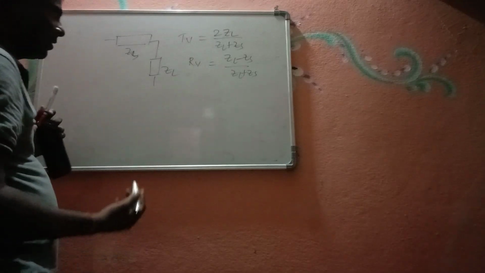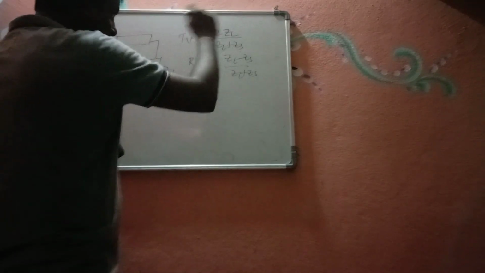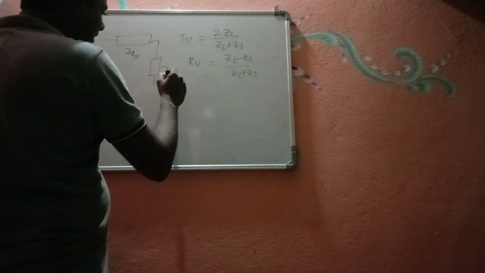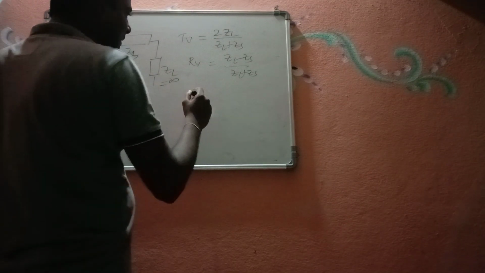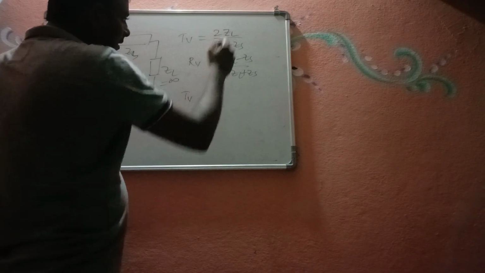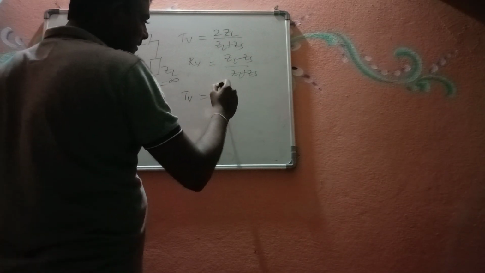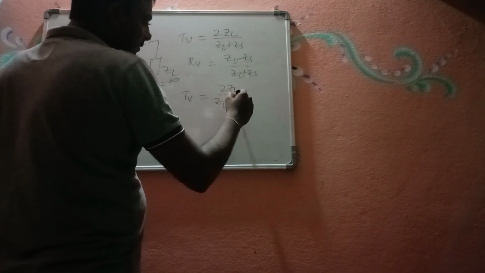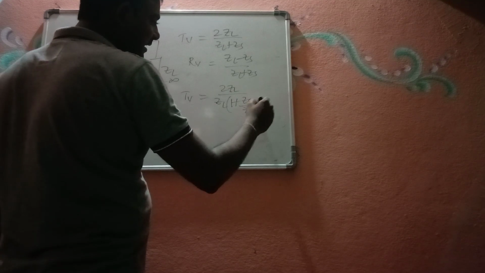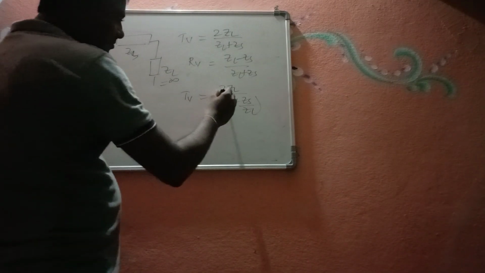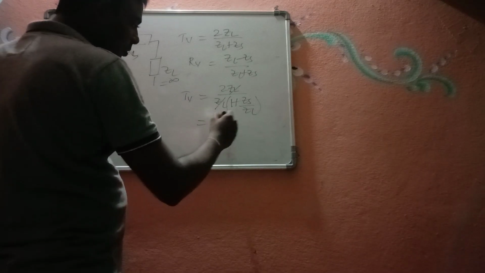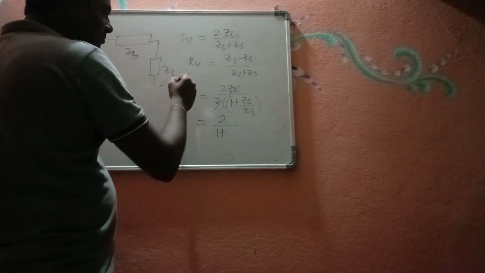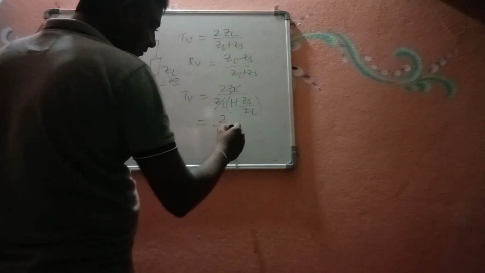If I want to apply this rule for the open circuit condition where this ZL is infinite, here from TV I can take ZL as common from the denominator. So if you take ZL as common, you will get ZL into ZS by ZL. So ZL gets cancelled. 2 divided by 1 plus, what is ZS by ZL value? 0. 1 plus something by infinity is 0.